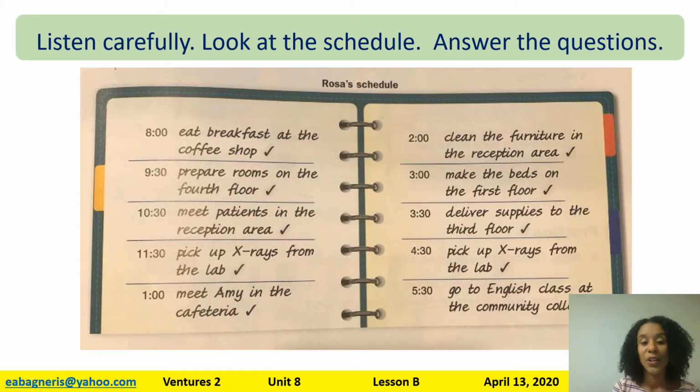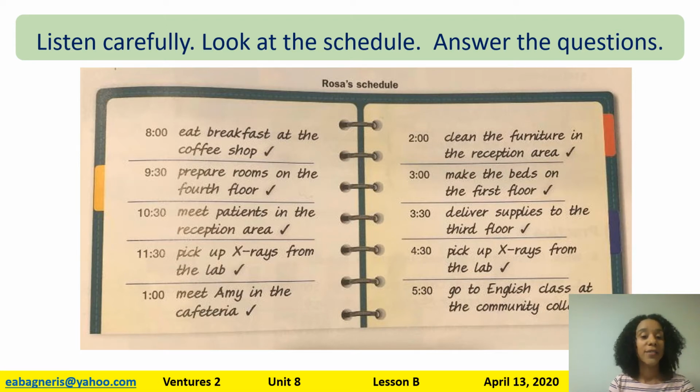Okay, we're going to do the next one. And this time, after I ask the question, I want you to repeat the question after me. Then I will answer. Are you ready?